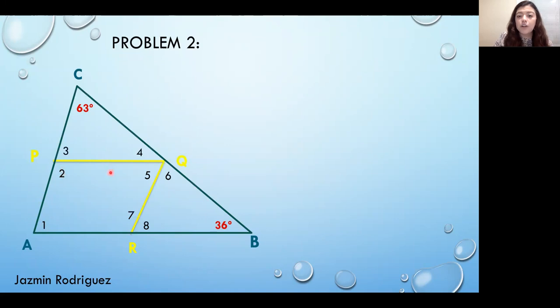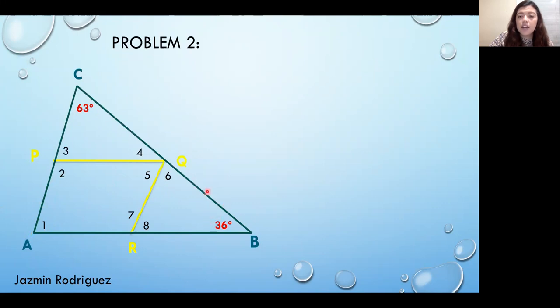Once again, the way we're going to do that is by identifying the different types of supplementary, complementary, and similar angles. So the first thing we have here is we see that we have triangle ACB, and we know that the interior angles of a triangle have to equal 180 degrees, correct? All right, so we already have 2 of our angle measures determined.